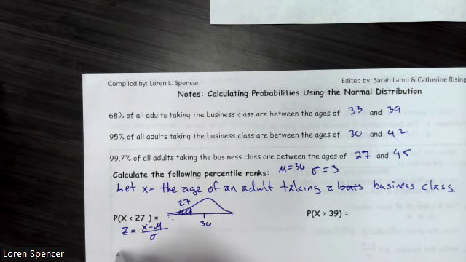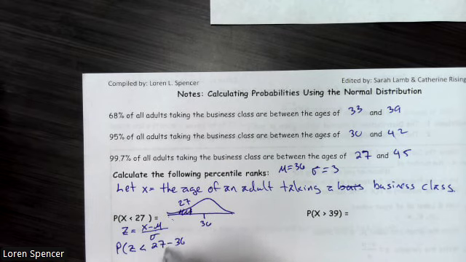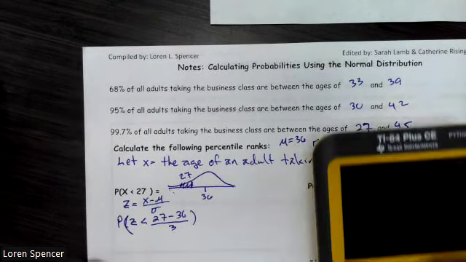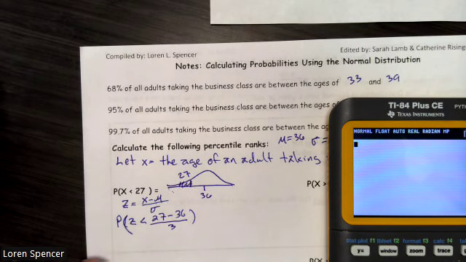And we want the probability that z, this is less than, so we'll keep a less than, 27 minus the mean. Our mean is 36, and our standard deviation in this case is 3. Now I can run this as a norm CDF, and I'll get my answer, but then I have to calculate the z-score by hand. So I'm going to go somewhere else on the calculator.